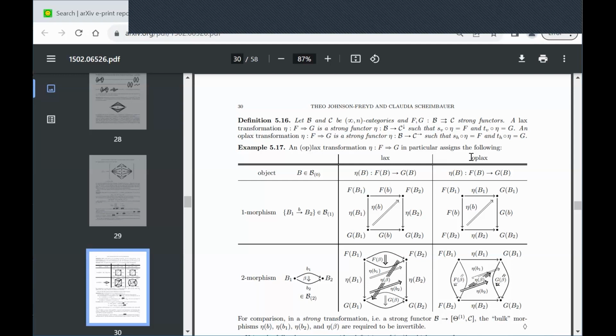So there's one called lax and one called oplax. And I won't really try to talk you through all of the points here, but I'll just say that the oplax one is highlighted by the fact that, you see the difference is you have some would-be commuting diagram of arrows.